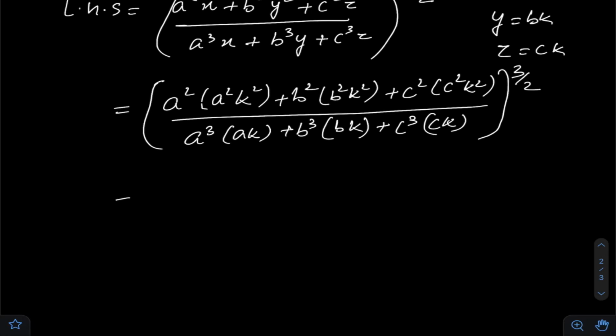Now k square is coming common from all the terms of the numerator. So what is left inside? a to the power 4 plus b to the power 4 plus c to the power 4.